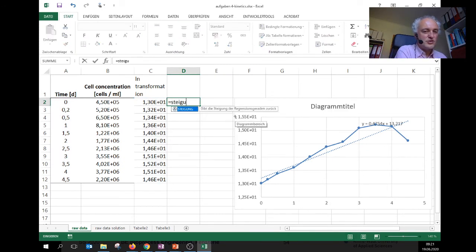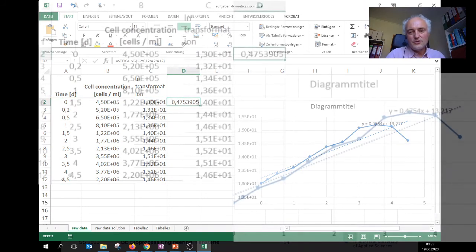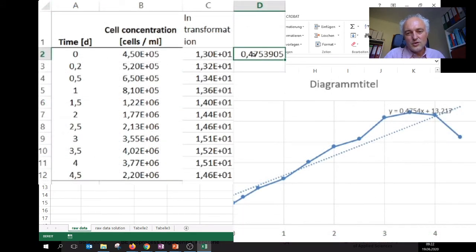In the German version it's Steigung, in the English version it's of course slope, and then I can use these values and these values, and of course I should have the same value here. So I have 0.475, which is the same value as here.